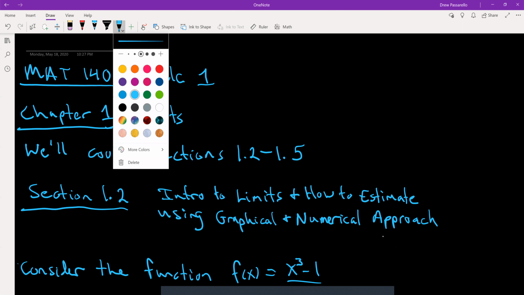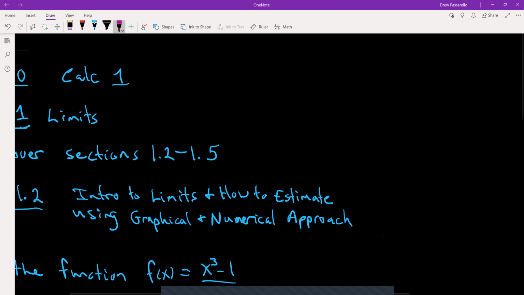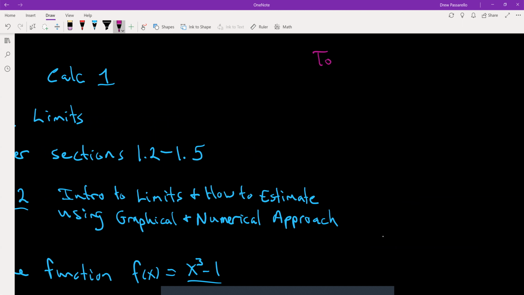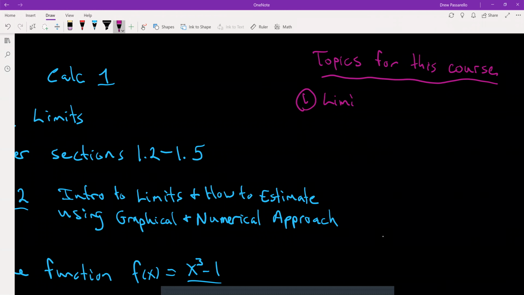And recall that the topics in this course break up into sort of three main categories. Limits is the first one. Second thing is derivatives.